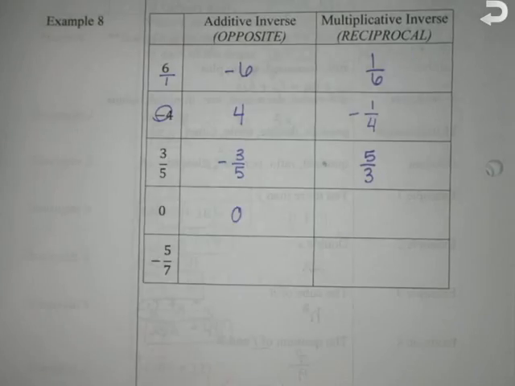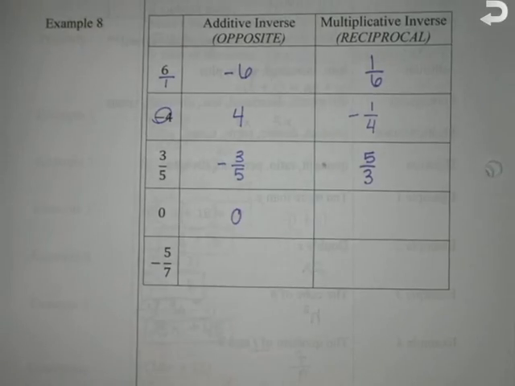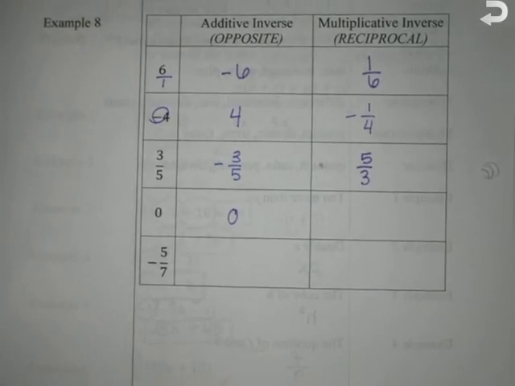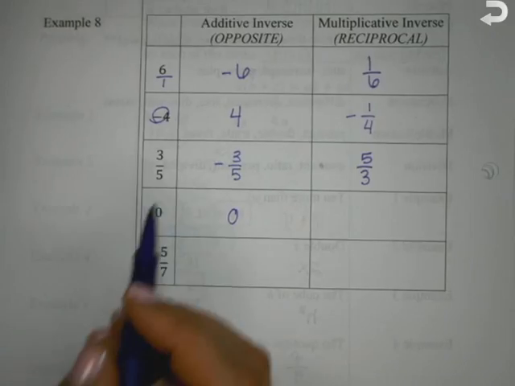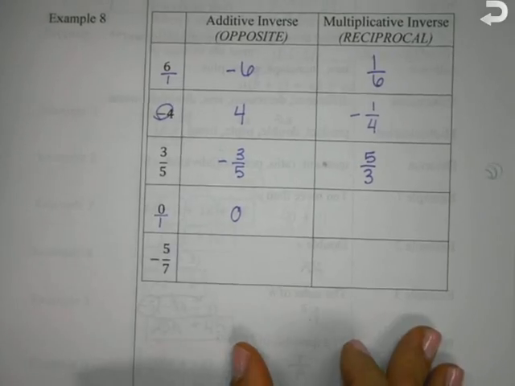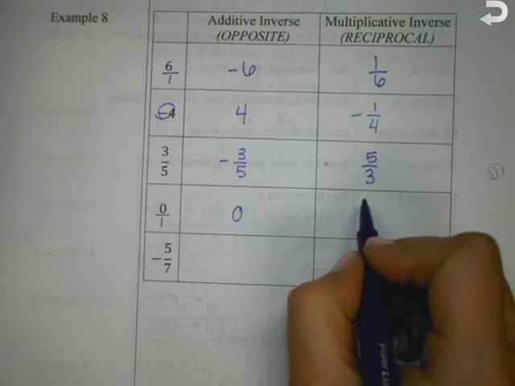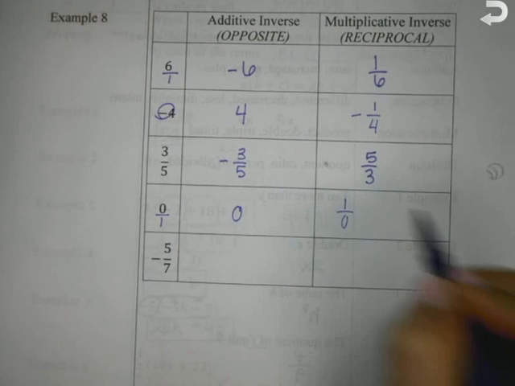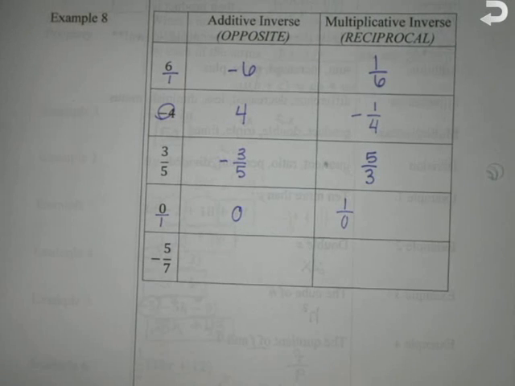Multiplicative inverse of 0. Okay, 0 is the same as 0 over 1. The multiplicative inverse of that would be 1 over 0. Okay, go back to day 1, to the first day of notes. Dividing by 0, what did I say was a big no-no?